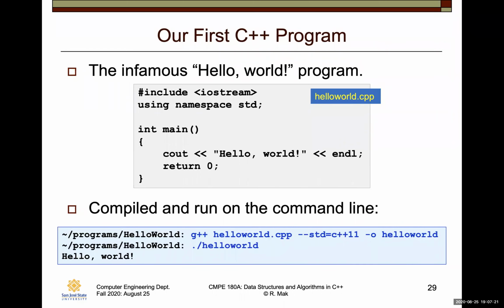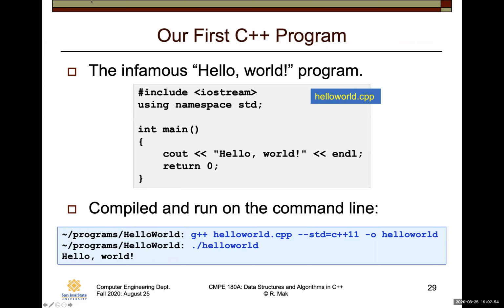After we've successfully compiled, and we have the executable file called helloworld, here's how we run it. You have to say ./helloworld. Helloworld will be in the same directory as helloworld.cpp. If you want to run a program that is residing in the current directory, then you have to say ./. Hopefully, it will say Hello World.